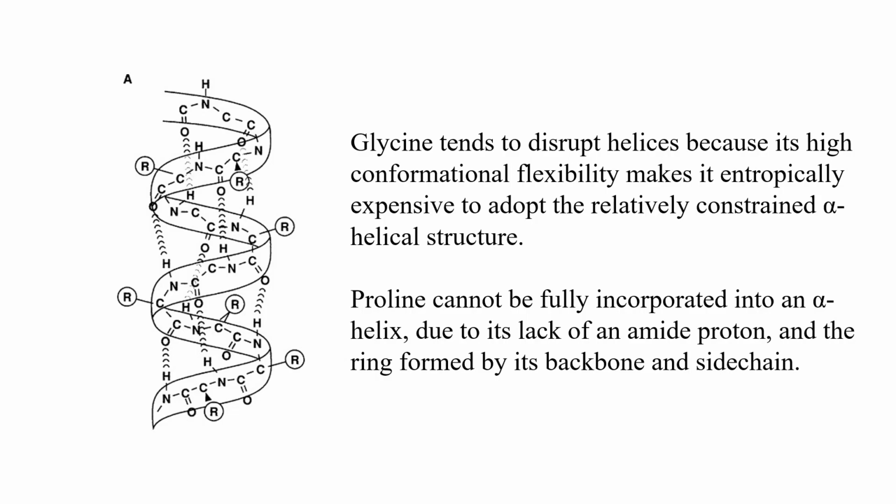Due to this conformational flexibility, it makes the helix unstable and leads to the breakage of the helix. So glycine and proline are actually called helix breakers. Do you understand the reason? Proline is unable to form hydrogen bonds, whereas glycine is conformationally very flexible, which leads to the breaking of the alpha helix.